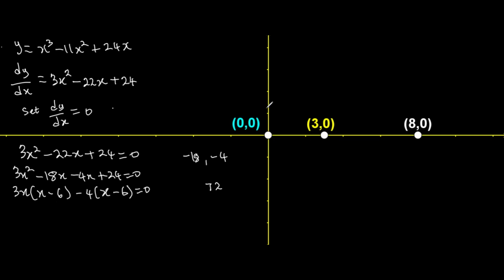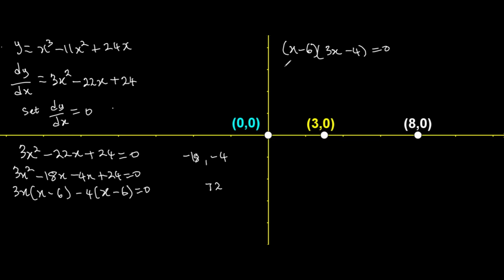Now, solving, if we come up here and factor this out, s minus 6 is common. And then here we have 3x minus 4 equals 0.